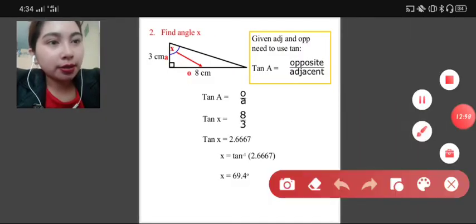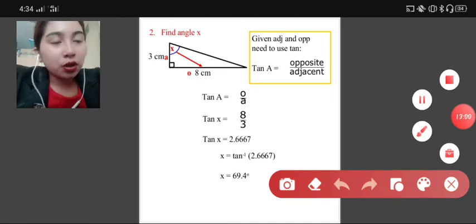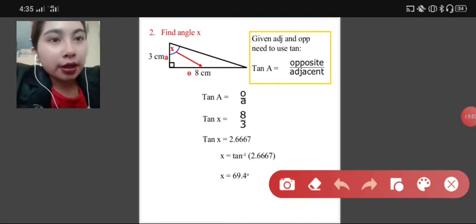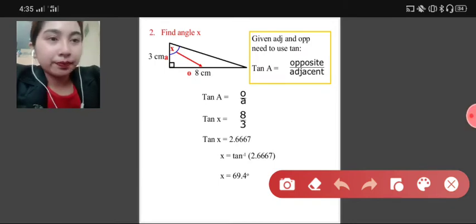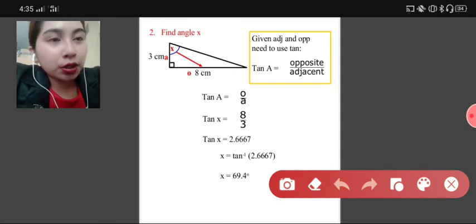So, dito naman, find angle X. Ang kailangan natin hanapin dito is ang hypotenuse. Okay. Given na kasi yung adjacent and opposite, so tangent yung gagamitin natin. TOA is equals to opposite over adjacent.